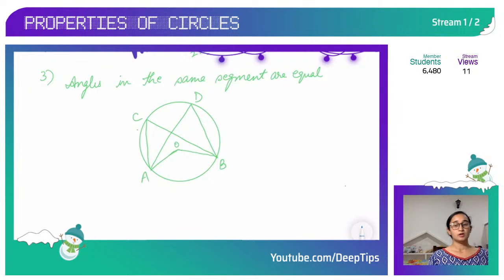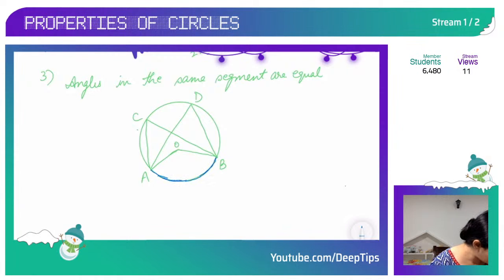So what is written in the theorem? Angles in the same segment are equal. I told you what a segment is. A segment is the area marked by a chord and the arc. So if I look here, this is my arc AB.